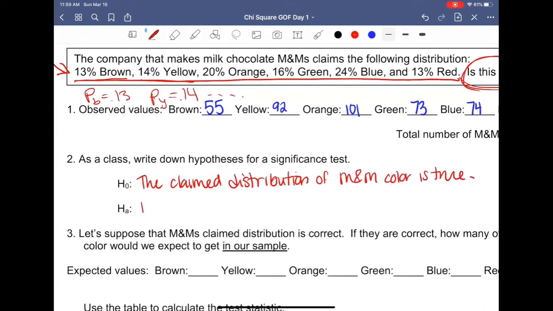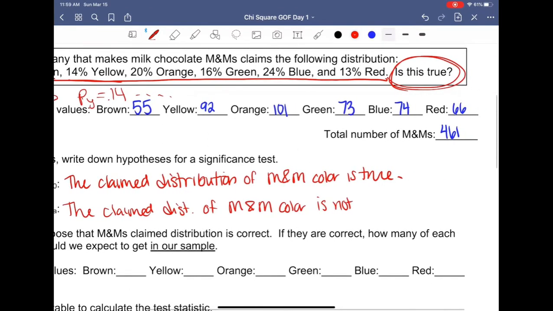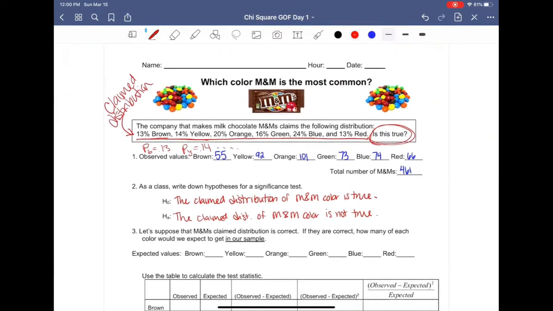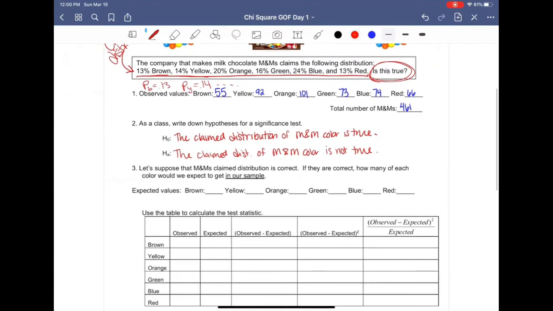And then the alternative is going to be the opposite. So the claimed distribution of M&M color is not true. So you can see how these are different from hypotheses that we've done in previous significance tests, because here we're just writing them in words and not really using that symbolic notation.